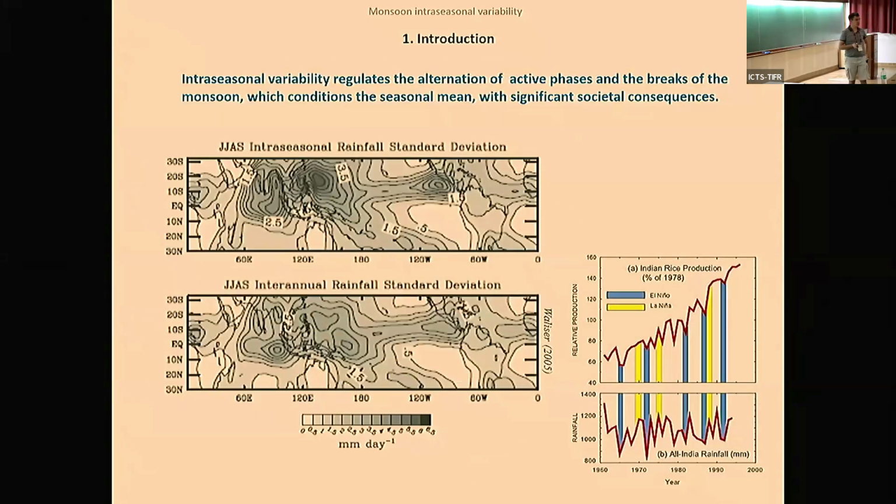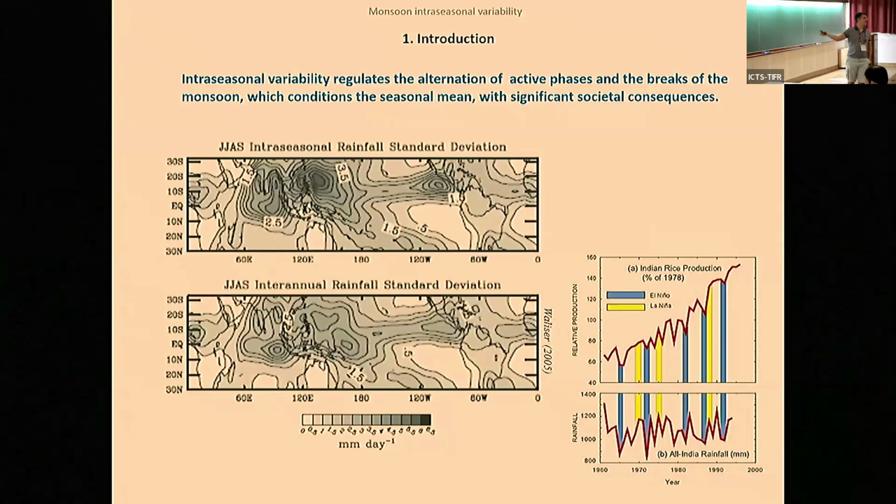But we also can think of how much interest they draw from a societal point of view. Those intraseasonal modes essentially control the alternation of active phases and breaks of the monsoon, or suppressed phases of the monsoon.